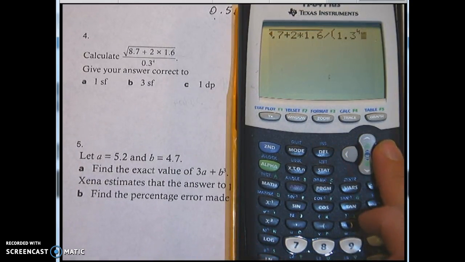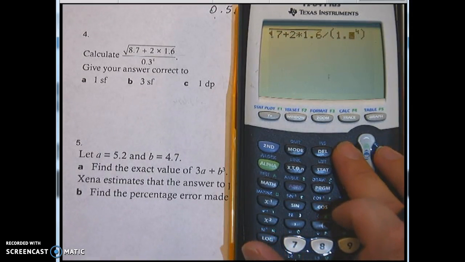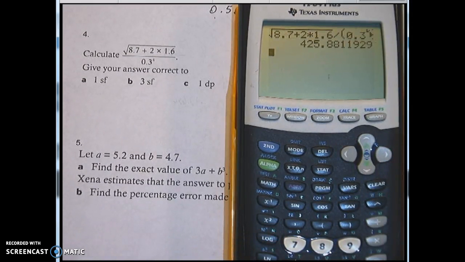Like that, close the parentheses. It should be 0.3, sorry. And that gives us about 425.8811929. So the 1 significant figure, that's just going to be 400.